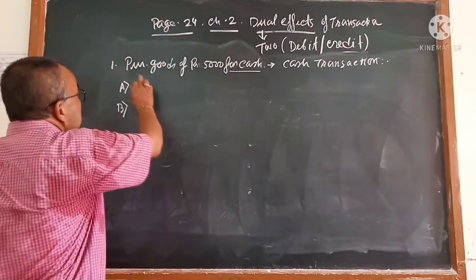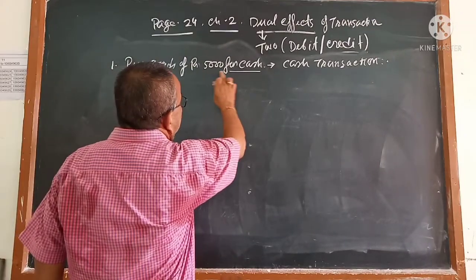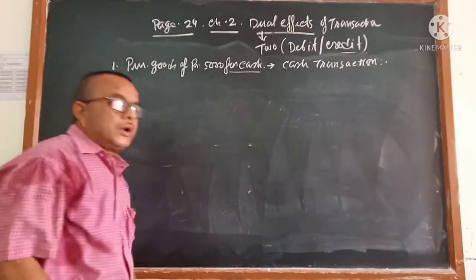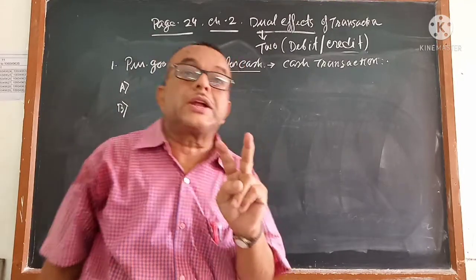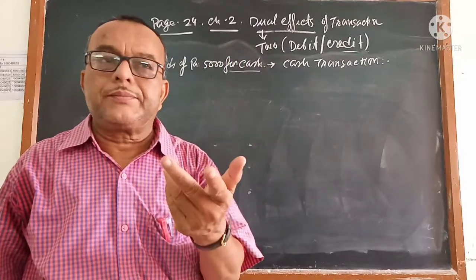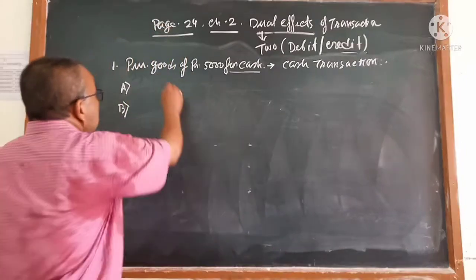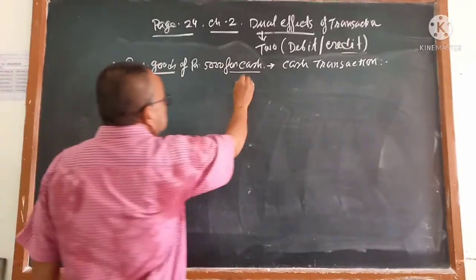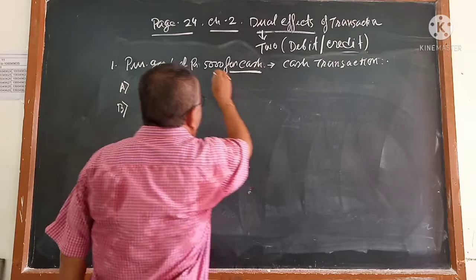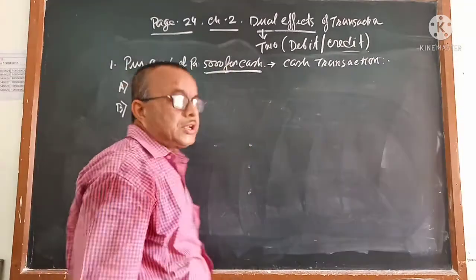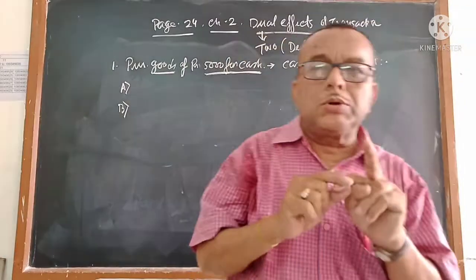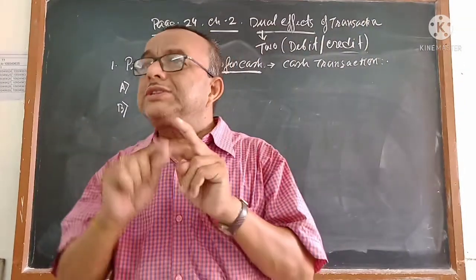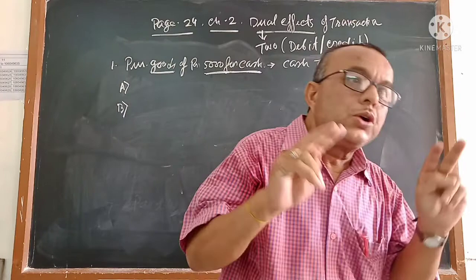And here you see, purchase goods of rupees 5,000 for cash. One is the buyer and the other is the seller. The two things exchanged are goods and cash, or goods and money. So we will underline the goods and the cash of rupees 5,000. These two things are exchanged between the two parties. So dual effect means the two things exchanged between the two parties.